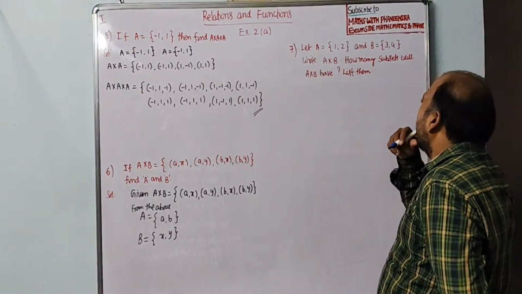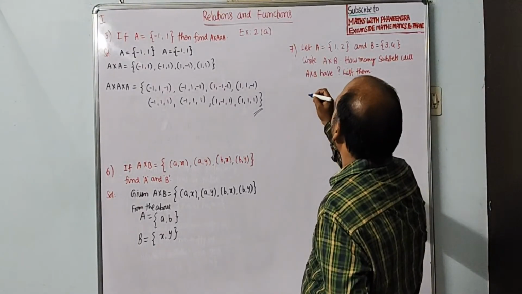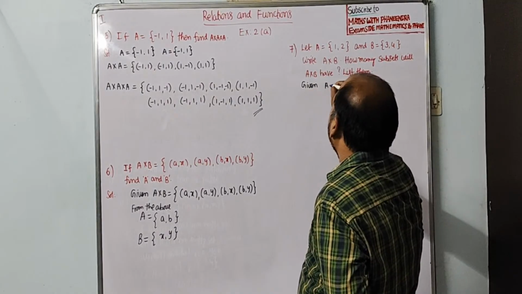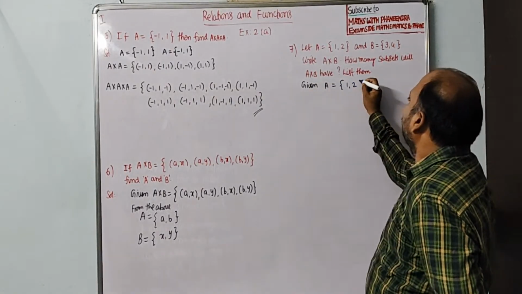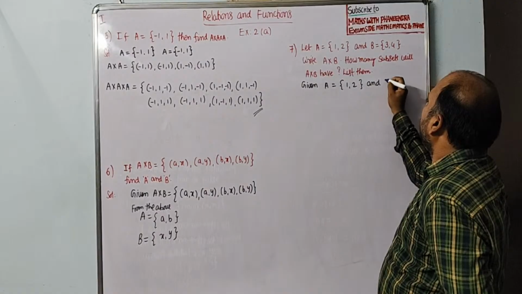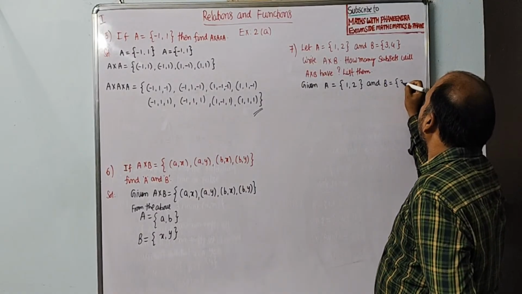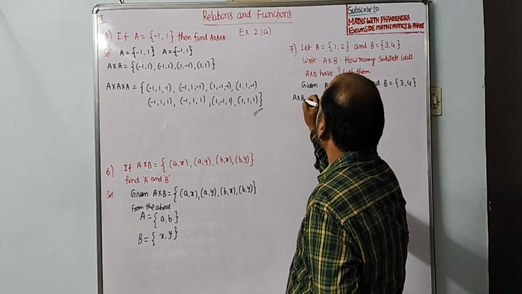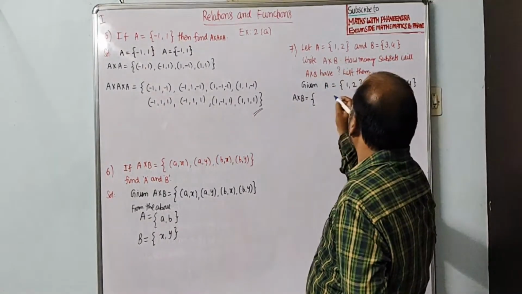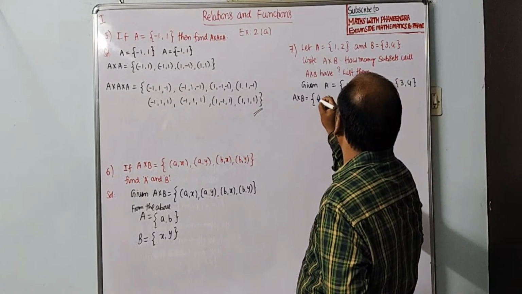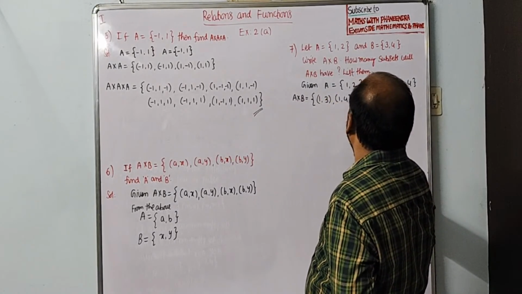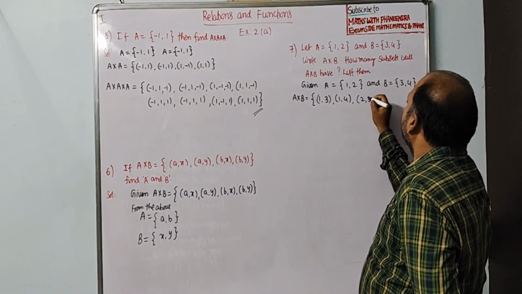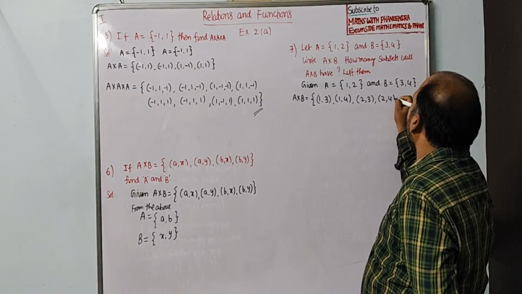Later, given A equal to {1, 2} and B equal to {3, 4}. So first write down A cross B: (1, 3), (1, 4), next (2, 3), (2, 4).